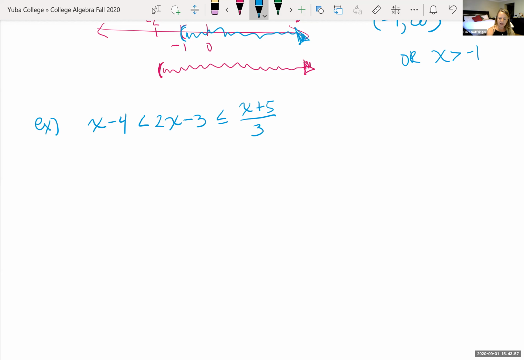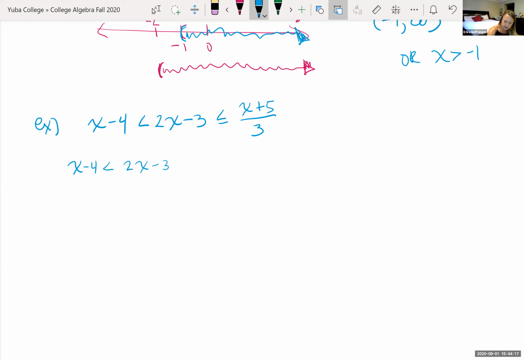I can't do that because of variables being on all sides. It wouldn't happen. And so what we have to do is split this up as two separate inequalities. But we know that x minus 4 has to be strictly less than 2x minus 3.